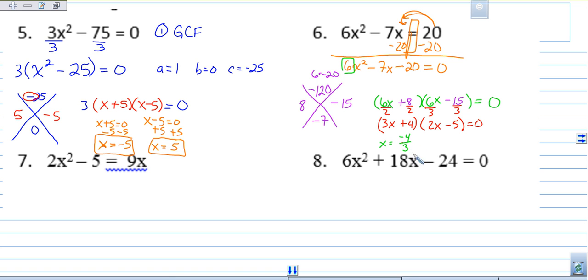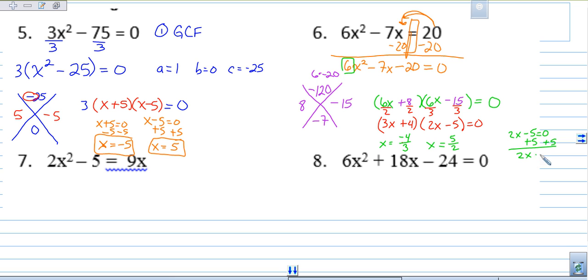And negative 4/3 becomes our answer. Then we do that same thing here. It's the opposite of this number, so it'd be positive 5 divided by the front number, which is 2. And I'll solve this one off to the side for you so you can see why it does that. Okay, so we'd add 5 to both sides.